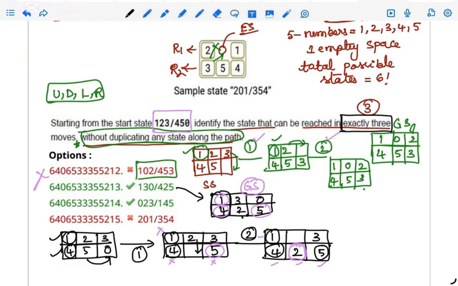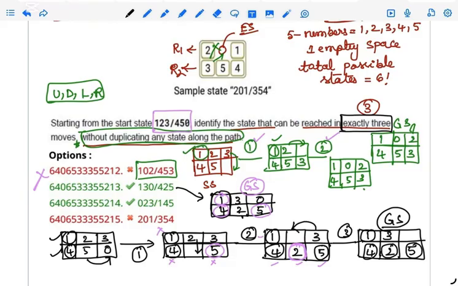For the third move, 1 is in the correct position, don't move. 4 is in the correct position, don't move. 2 is in the correct position and 5 is also in the correct position. 3 is here and the empty space is here. Move 3 left, so 3 here and the empty space is here. We reached the goal state.